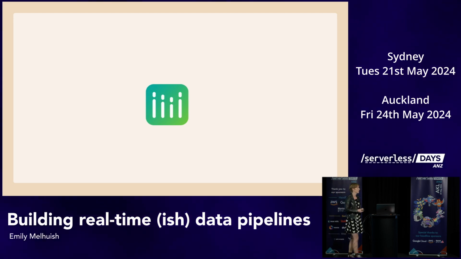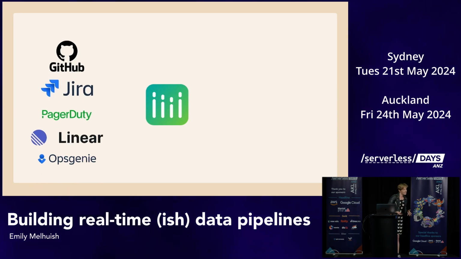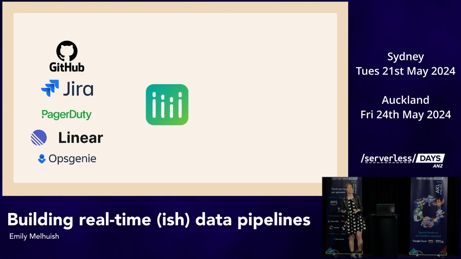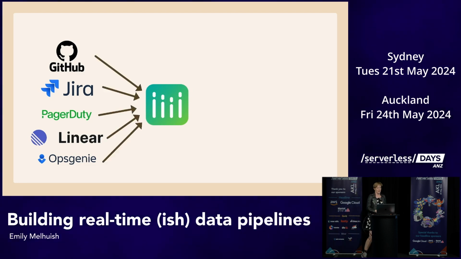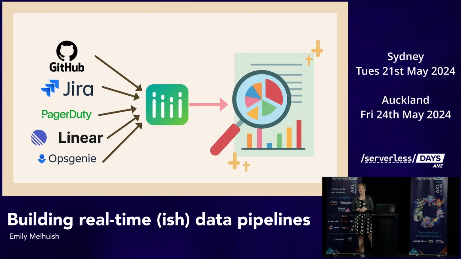In order to do that, we process a lot of data from some tools that some of you probably use. We've got GitHub, Jira, PagerDuty, Linear, Opsgenie, just to name a few. We fire a whole bunch of data into the magical Multitudes platform, and then out pops some nice shiny insights, actions teams can take to help them improve.